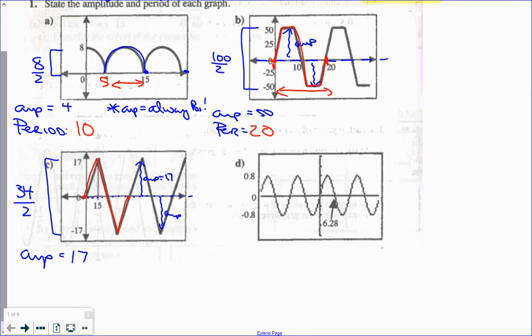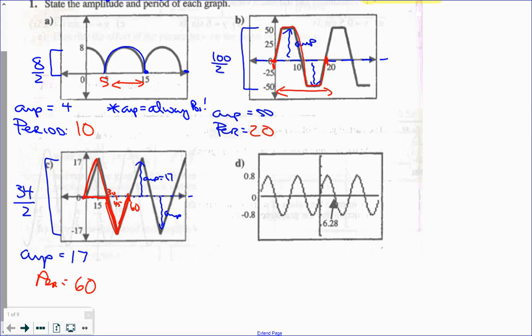So if the up took 15, then the down has to take 15, and then the next down has to take 15, and the last up has to take 15. So the period is 60.